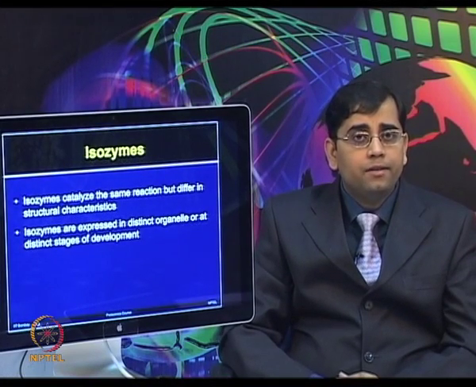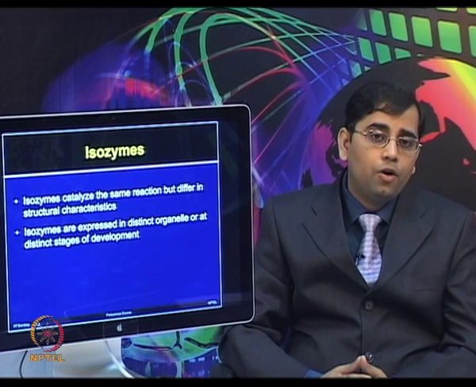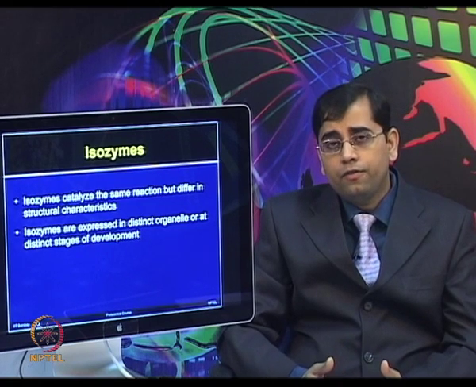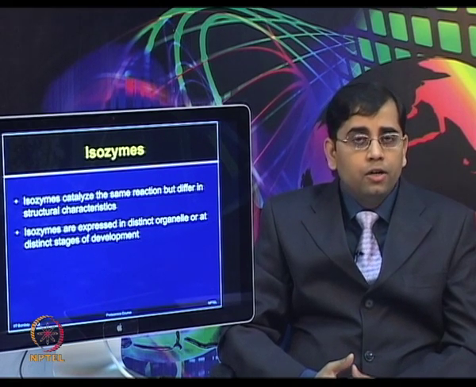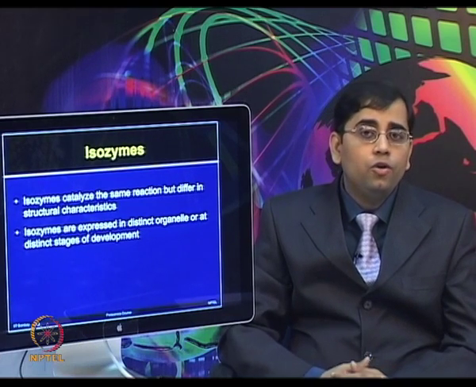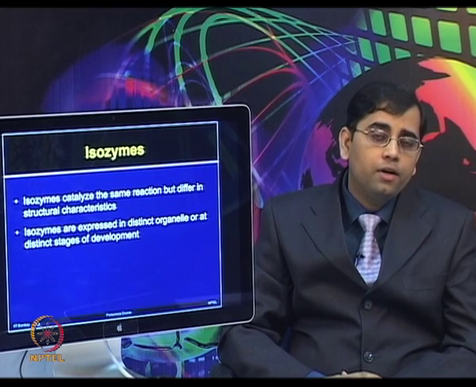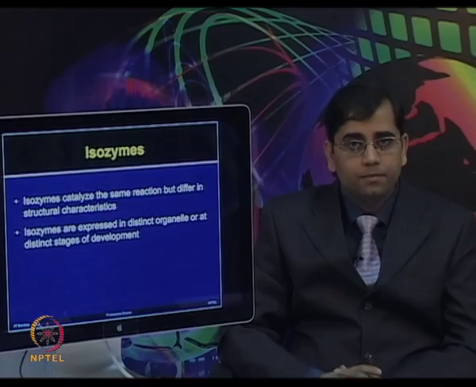Isozymes are expressed in different organelles or even at different stages of development. So, essentially it can allow the very intricate development of metabolism by fine tuning various reactions responsible in metabolism to meet the need of a given tissue or developmental stage.